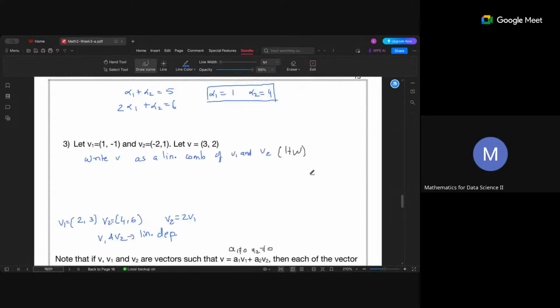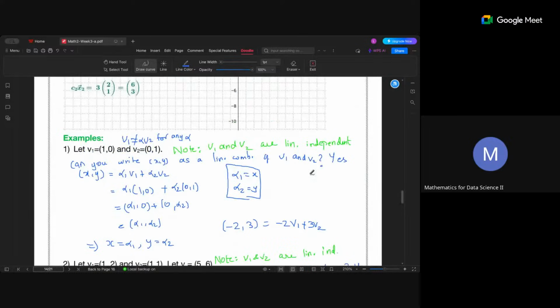Just like in the previous scenario, the span of these two linearly independent vectors gives us the entire R2, because any vector is a linear combination of V1 and V2. It means the entire R2 is in the span of V1, V2. You understand that? So what is the span of V1, V2 in this case? Entire R2.